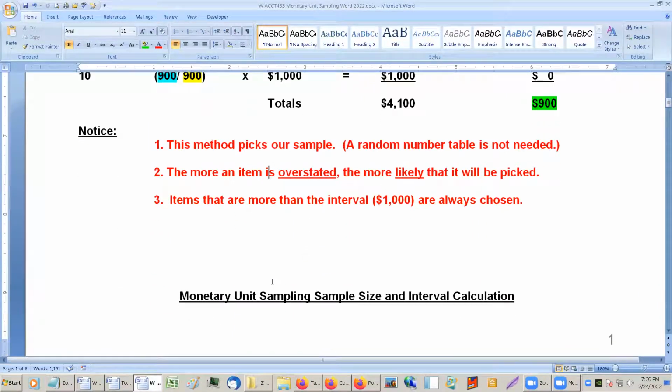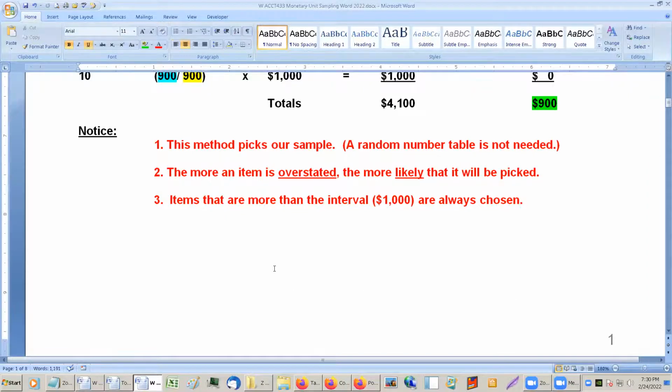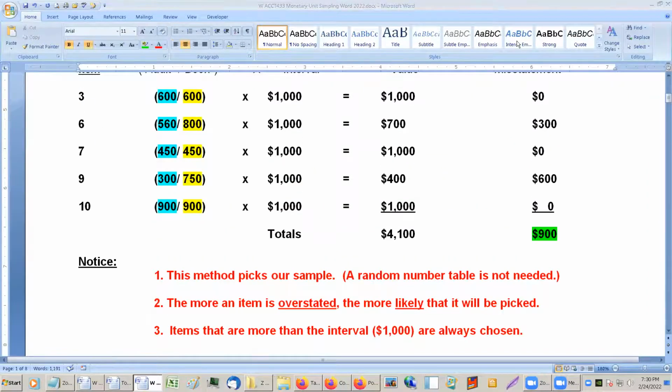Now, so far it sounds like this is the perfect method for everything. It's not good for understatements. Notice if management reduces something, it lessens the likelihood that it will be picked. So something like accounts payable: they want you to think they have less liabilities than they really have.